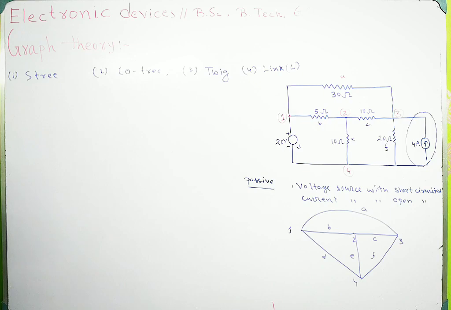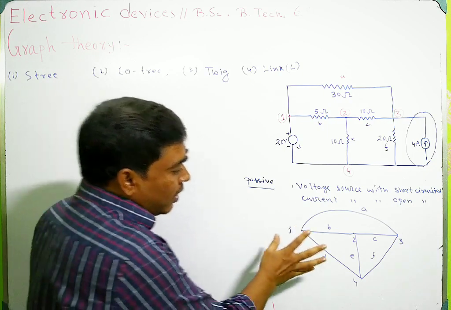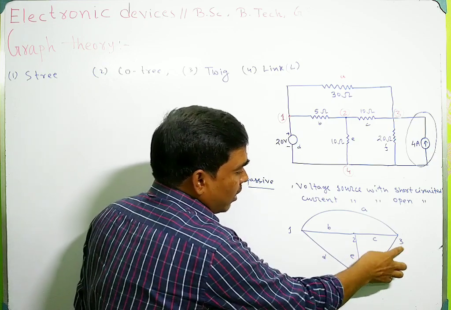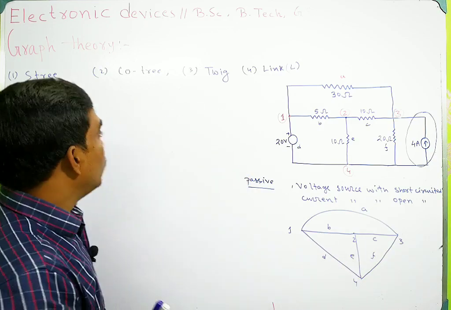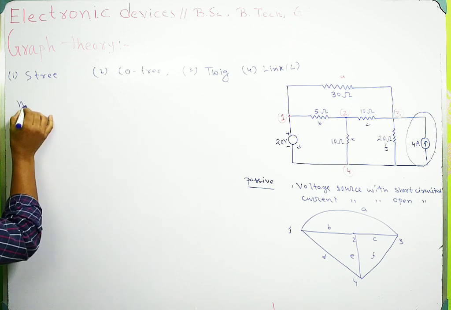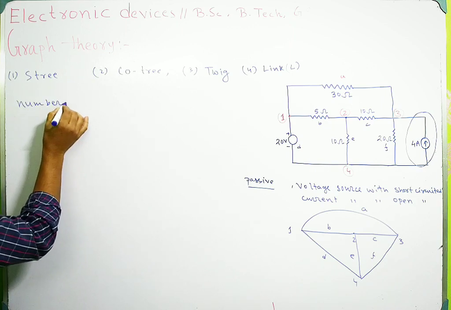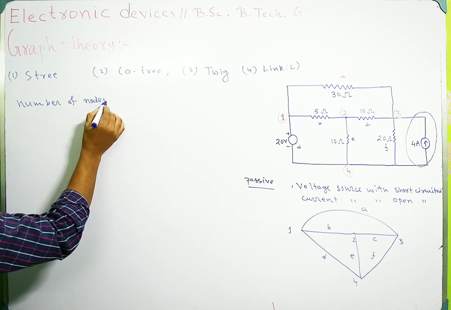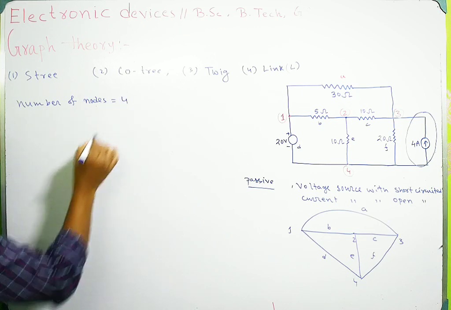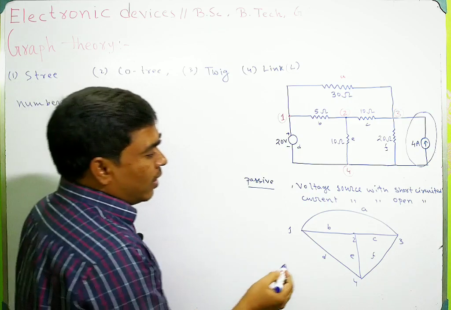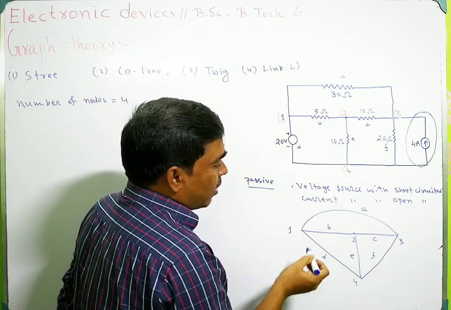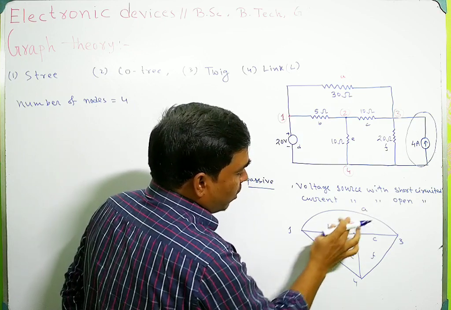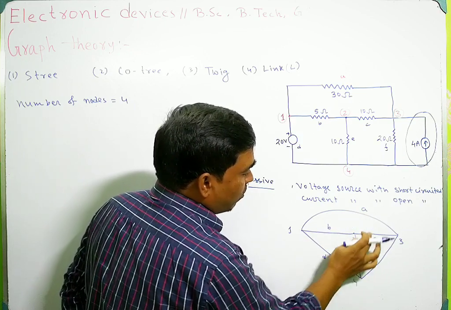What is this tree? Suppose this graph has four nodes. So number of nodes n is equal to 4, and this network has 6 branches, 1 2 3 4 5 6.